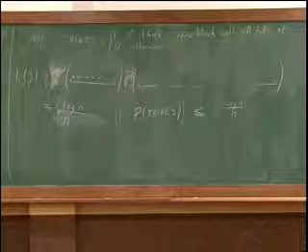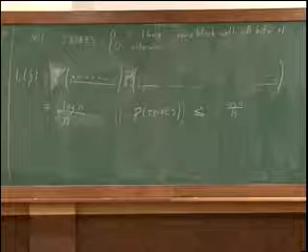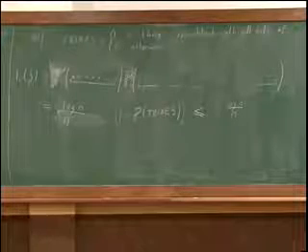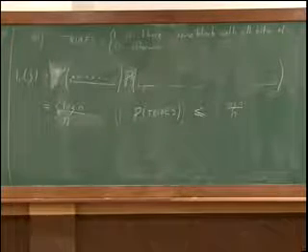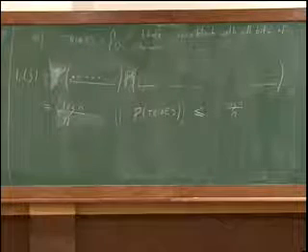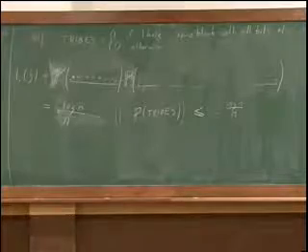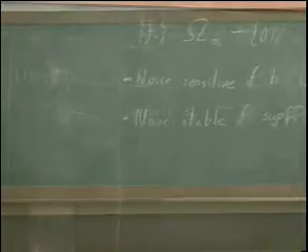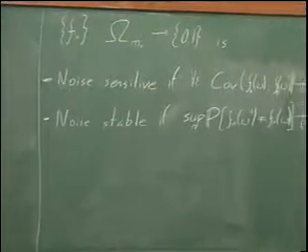You're going to show me that the expectation of this tribes function is bounded away from 0 and 1, or in other words, that the variance of the tribes function is bounded away from 0.